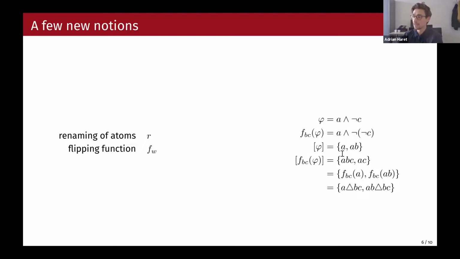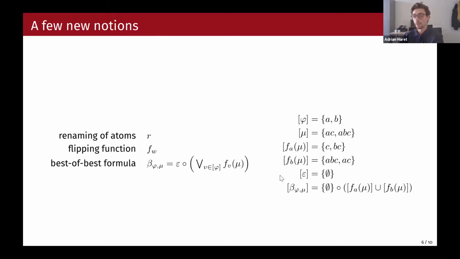So when you flip B and C, if you look at this interpretation A, then B and C were originally off, and by flipping you turn them on. It's the same here: you turn B off, and you turn A on and C on to go from AB to AC. The result is that the models of the flipped formula are the models I get by taking the symmetric difference with the models of the original. This is also a kind of intuitive operation, where you flip things back and forth.